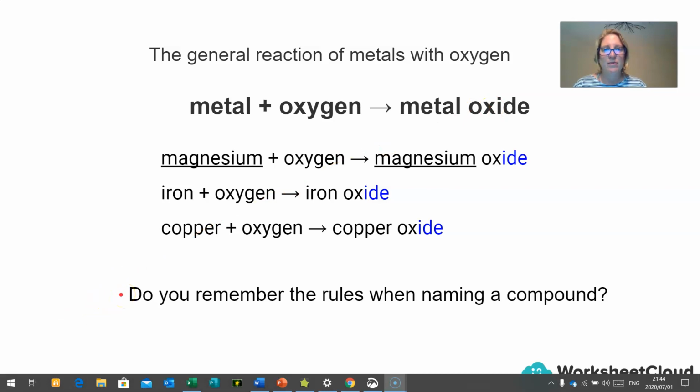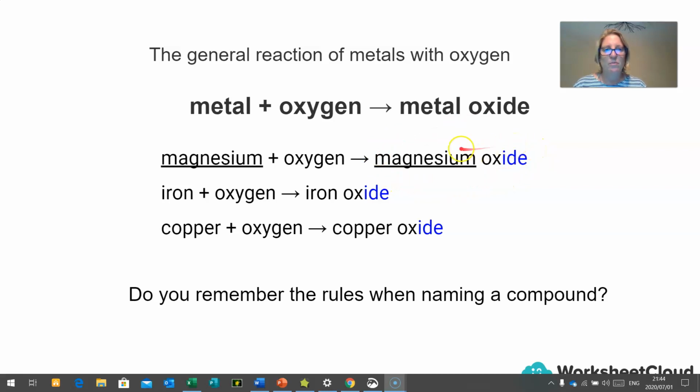I wonder if you can remember the rules when naming a compound. So we take the metal, magnesium, that is one of the reactants, and we add the element oxygen. The arrow indicates a chemical reaction. And now we need to label the compound, which is a metal oxide.